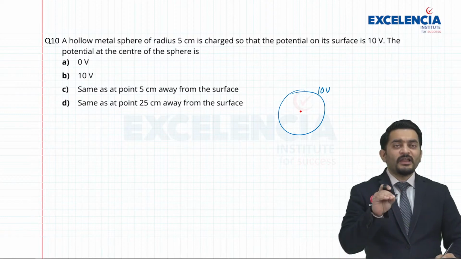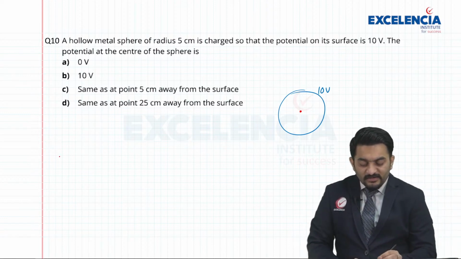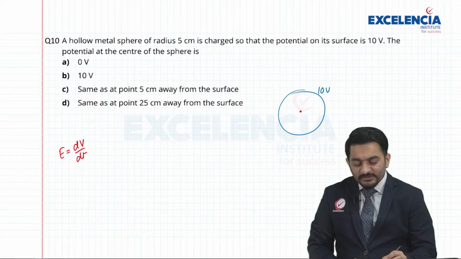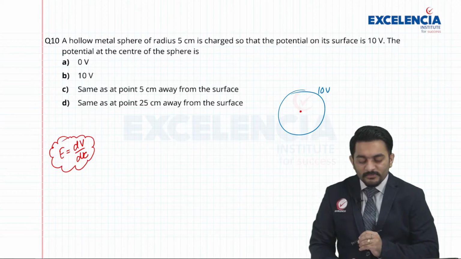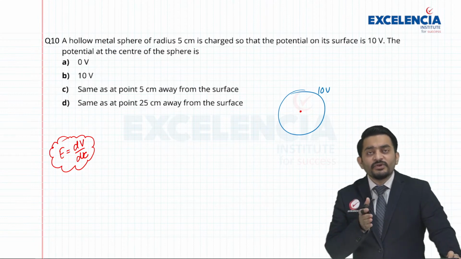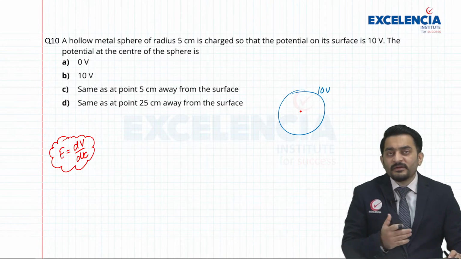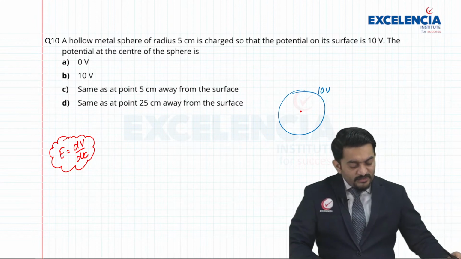There is one very valuable relation which you have learned, the relation between electric field and potential. Electric field and potential are related as E equal to dV by dr. This relation is going to give you the answer, but the point is how you can crack that concept.